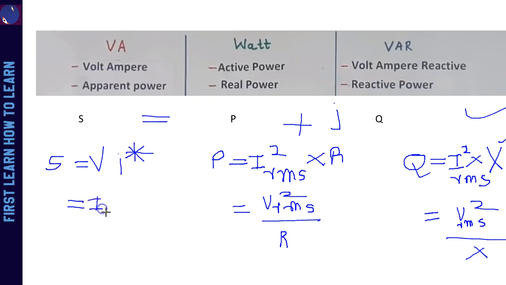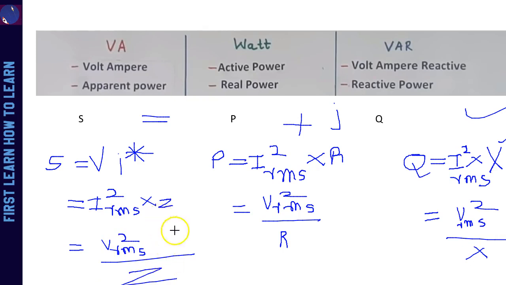Another form of formula for the apparent power S is I RMS square into Z. Z is the total impedance which contains both the resistive and reactance parts. Just by the application of simple Ohm's law, this can be further simplified into the form of V RMS square by Z.